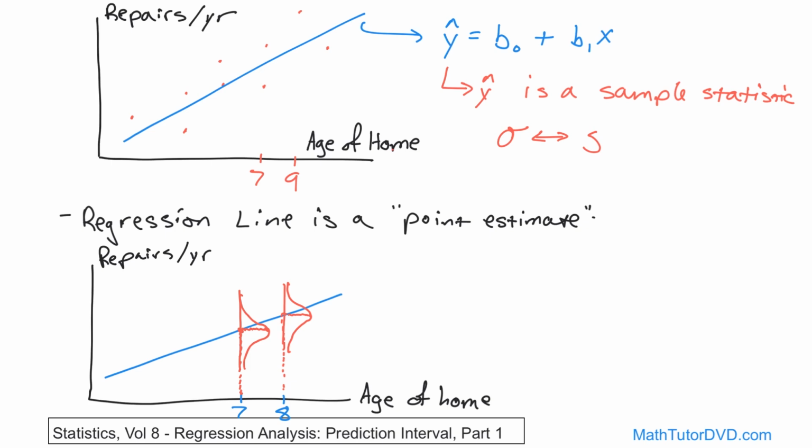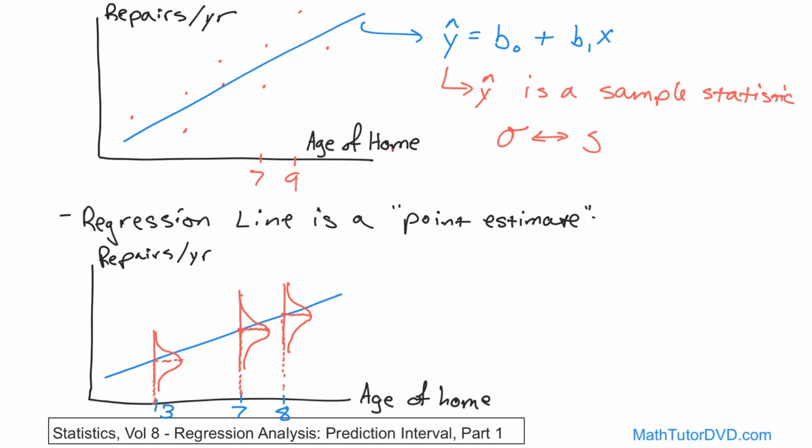What if I go ask people with 3-year-old homes? And when I say I'm asking them, I'm talking about the population of the country. If I could ask everybody, then what I would expect is a normally distributed set of answers around this point.